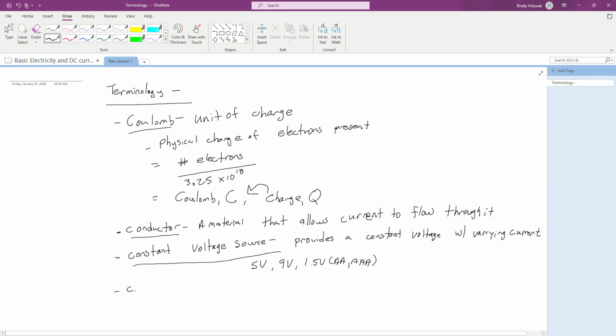Now, in comparison with that, we also have what is called a constant current source. C-U-R-R-E-N-T. A constant current source does just the opposite of this. This provides a constant current with varying voltage.